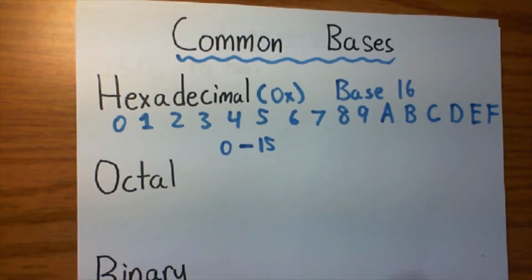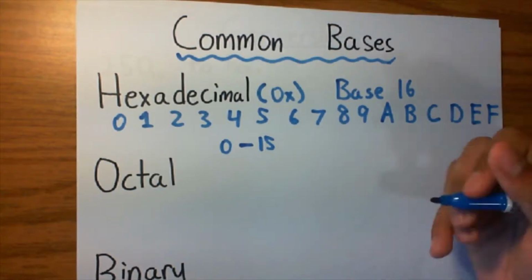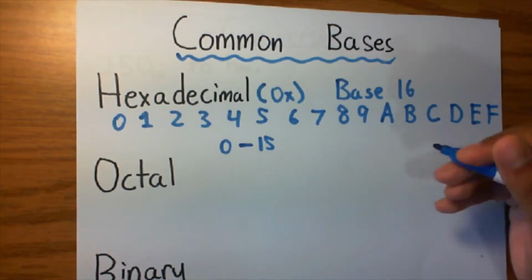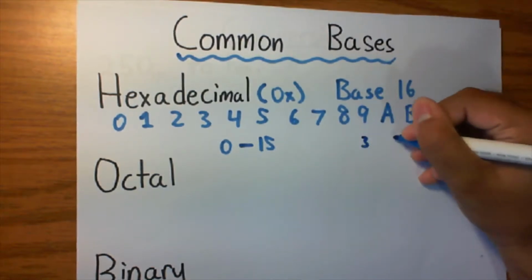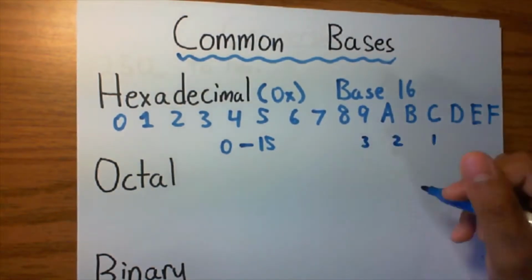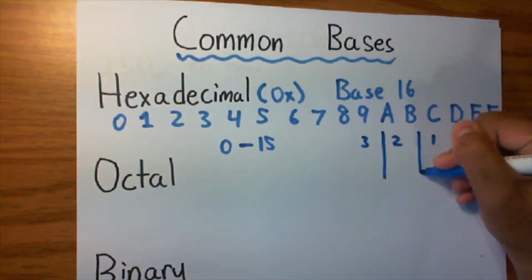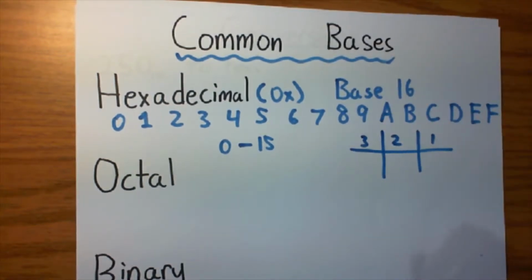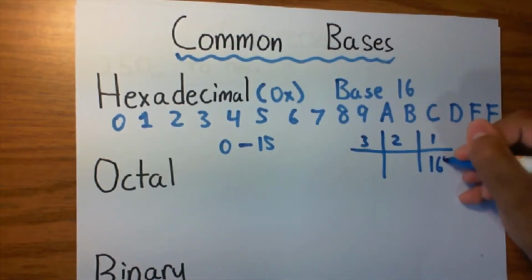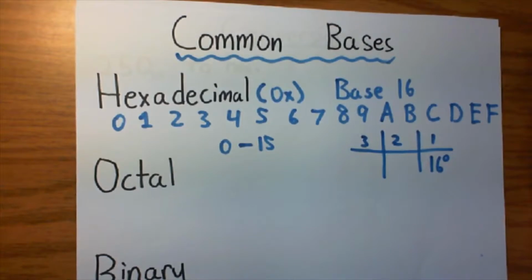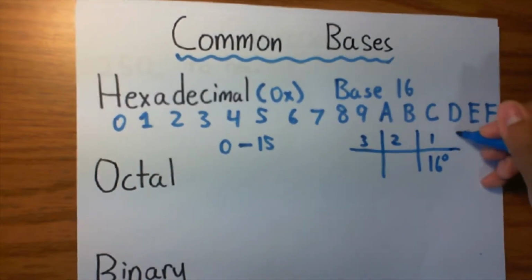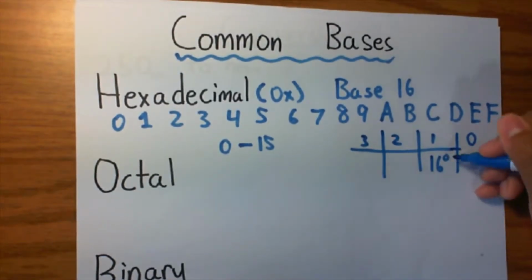So each digit in this value is a factor of 16. For example, we could go through the first 3 digits: digit 3, digit 2, and digit 1. These are 16 to the 0. Actually, we'll do the first 4 that way. It's a little bit simpler.